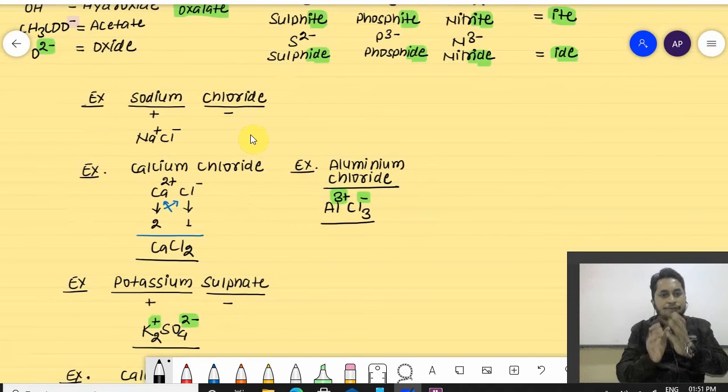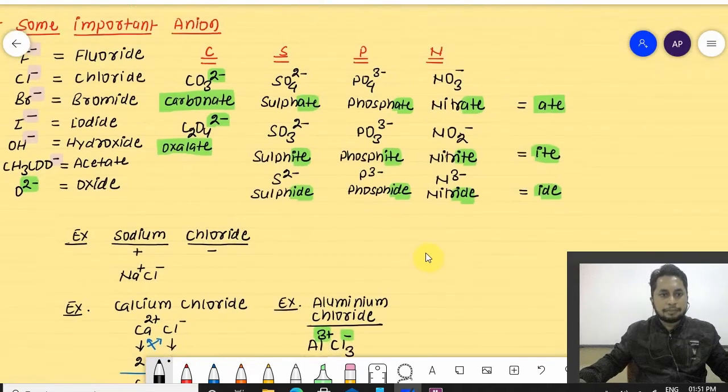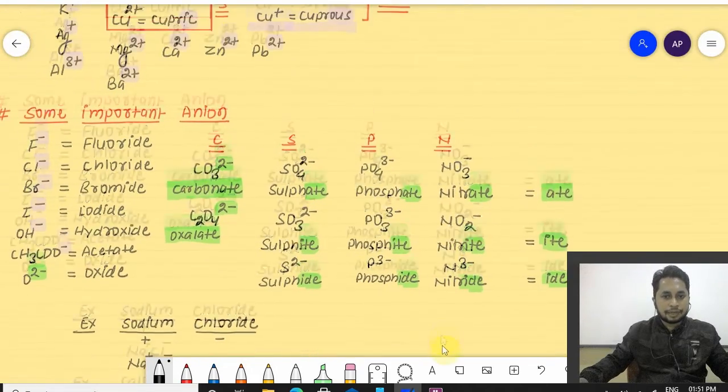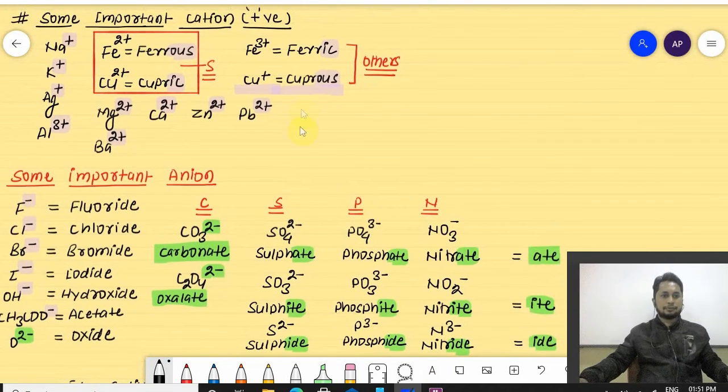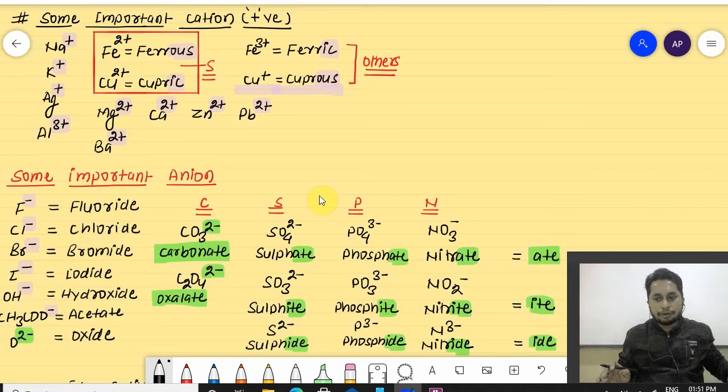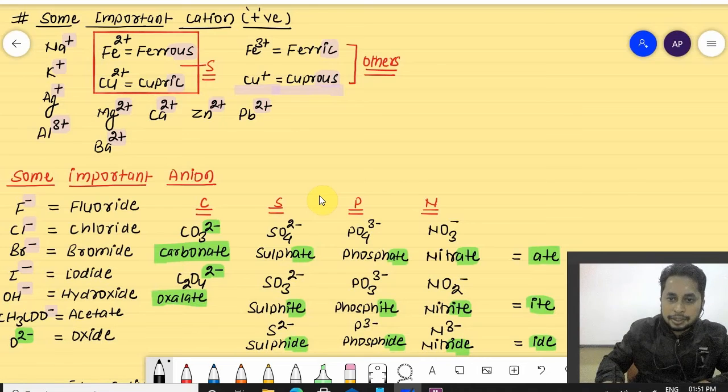We can make the formula of the compound only if we remember the symbol and the charges of ions, meaning cations and anions. So this much only is required to write the correct formula of a compound. If we know the correct symbol and correct charge of cation and anion, then only we are able to write the correct formula based on the symbol and the balancing of charge method.